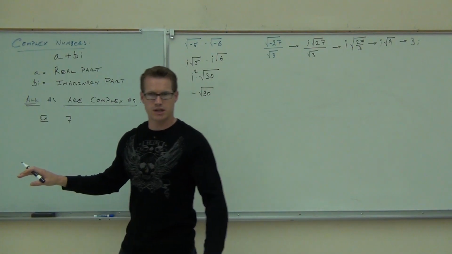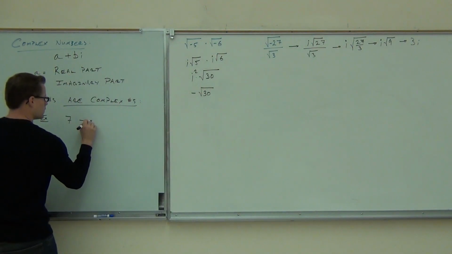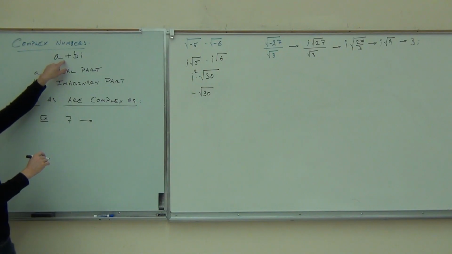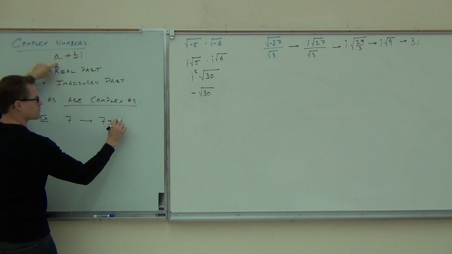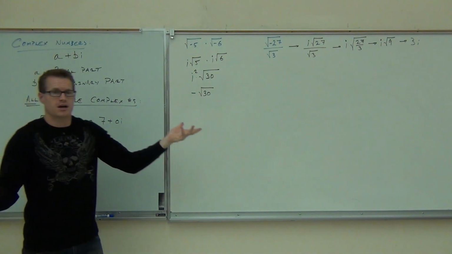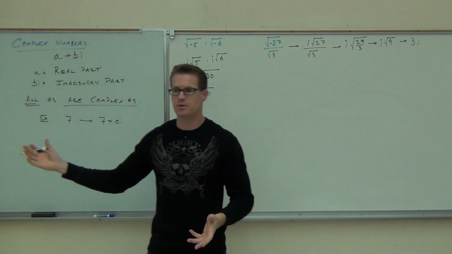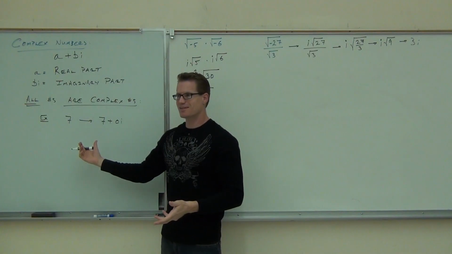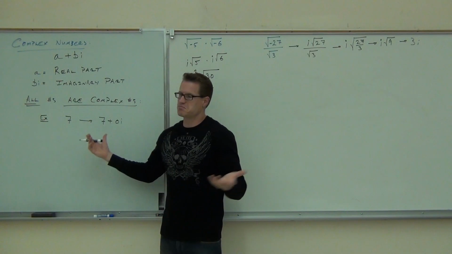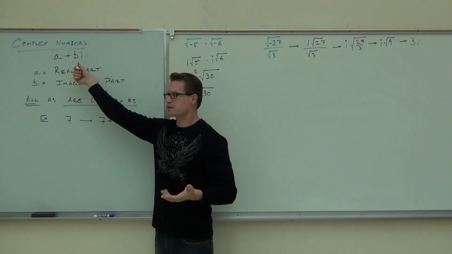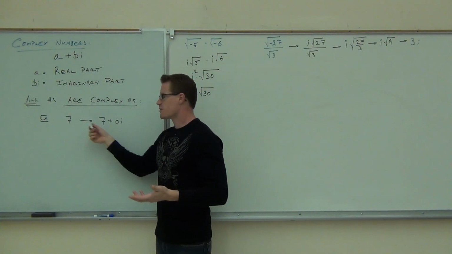Right? Yes. Now check it out. Can I write it of this form? Absolutely. My real part is 7. My imaginary part is 0 i's. I don't have any i's. That's automatically a complex number. Kind of neat, right? Do you see how that's possible? 7 plus 0i. It's complex. Doesn't say anything about what b has to be. This is automatically a complex number.